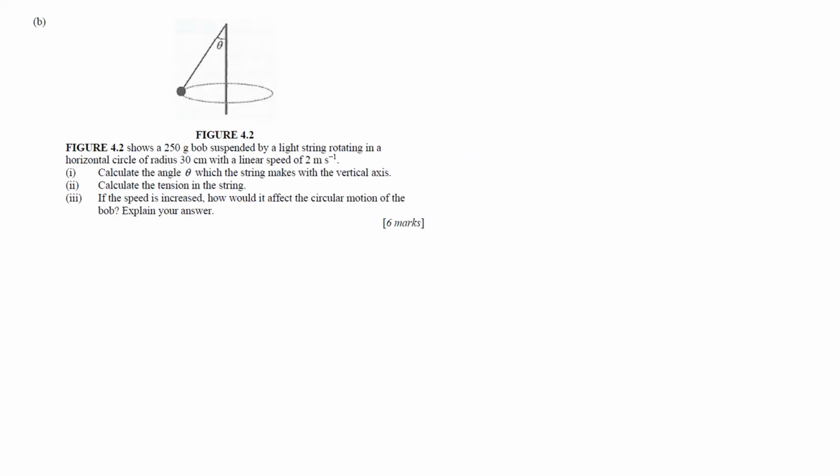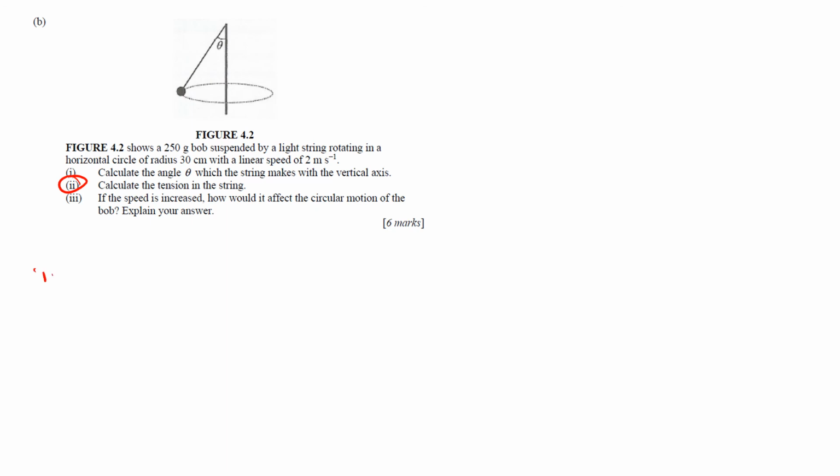Alright, so we move on to the second question. They ask you to calculate the tension of the string. So we already found the tangent. What we can do is use the first or the second equation. Okay, let's say we want to use the first equation.